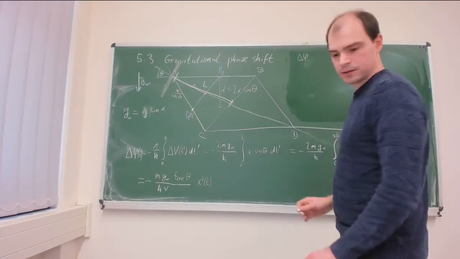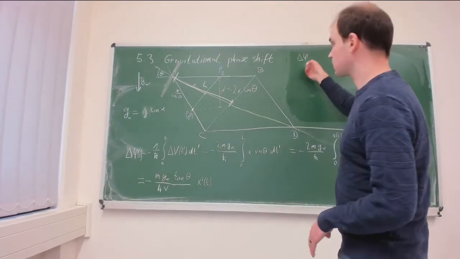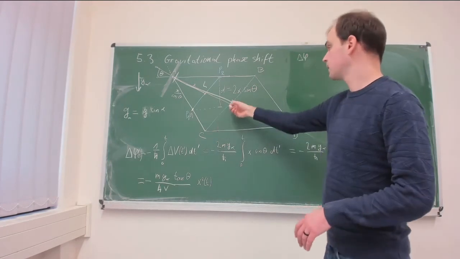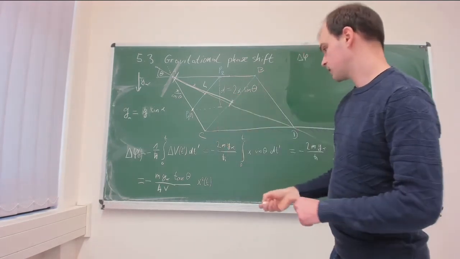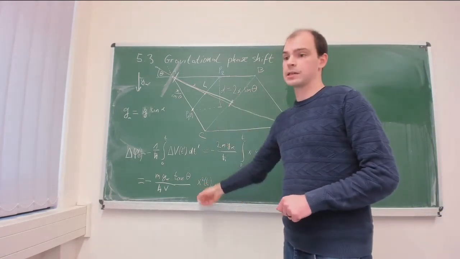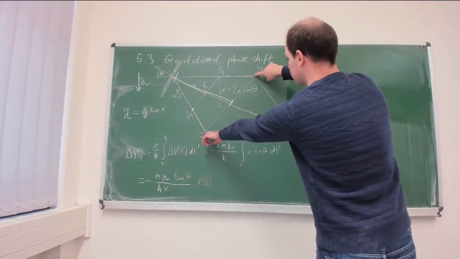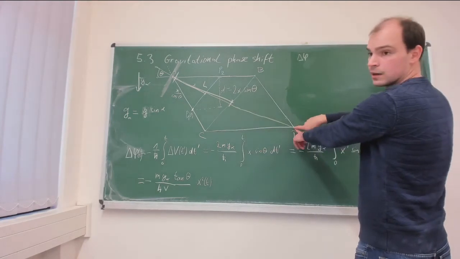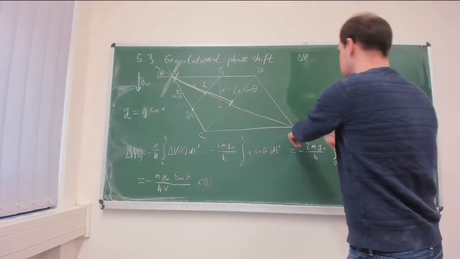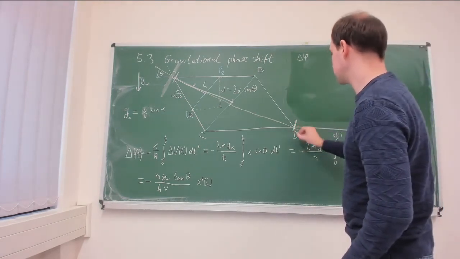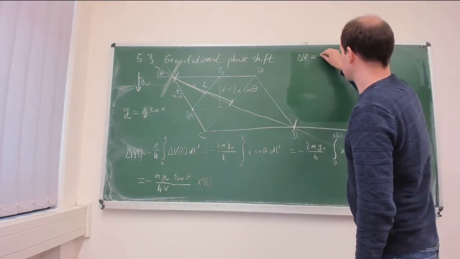I do two things at once. The phase shift to these points B and C is a delta phi where we have L squared here. And then for symmetry reasons, you will have exactly the same phase shift again until we reach point B. So we actually calculate our final phase shift here at B. So we get a factor of 2.